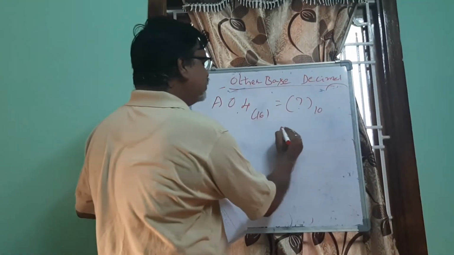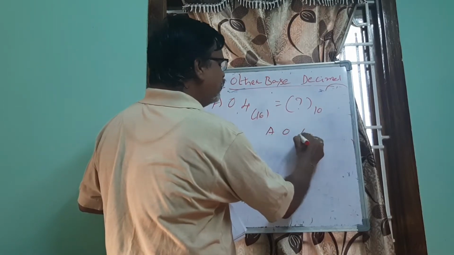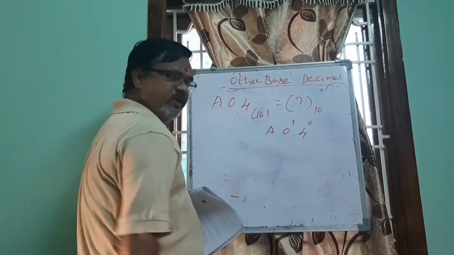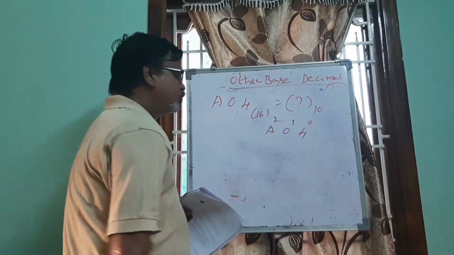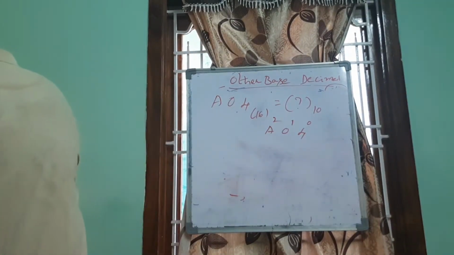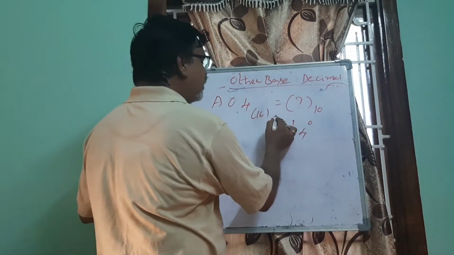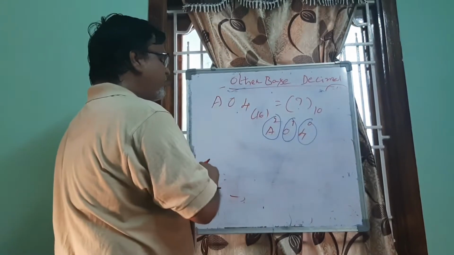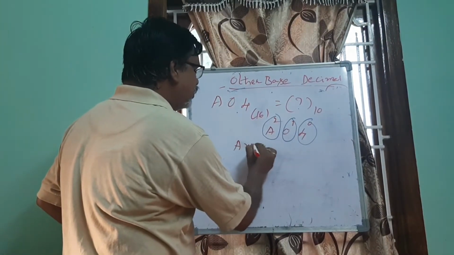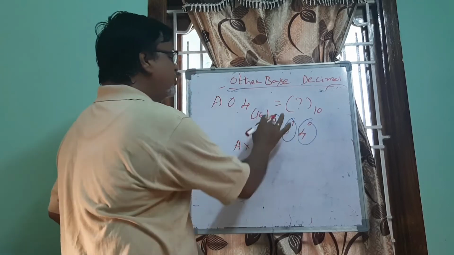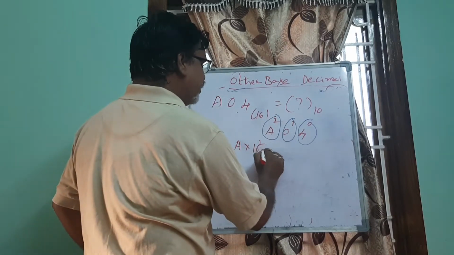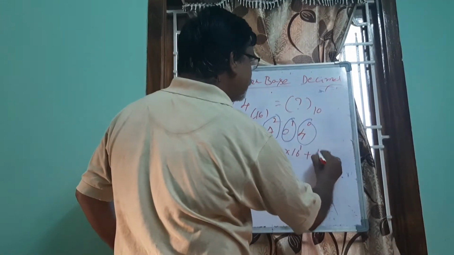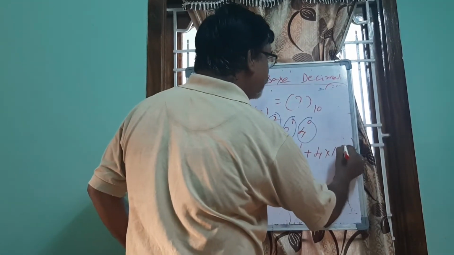As I told you, first, A04: its position values are 0, 1, and 2. Then here A into 16 square, the position value is 2, plus 0 into 16 power 1 plus 4 into 16 power 0.